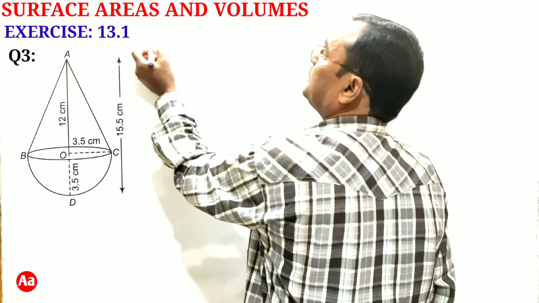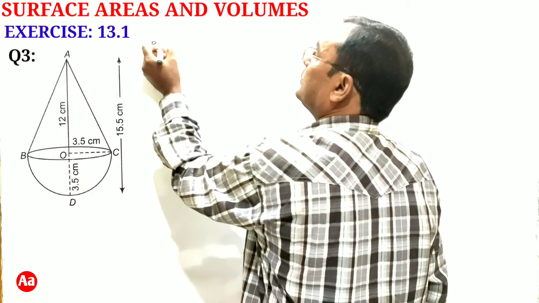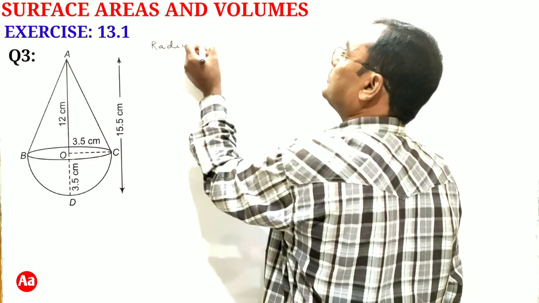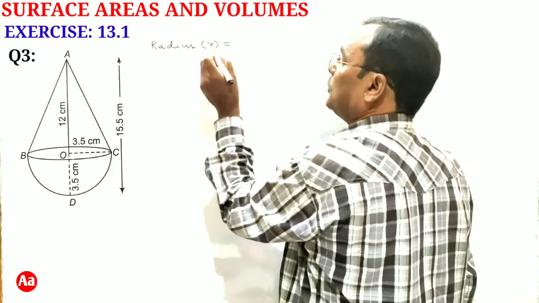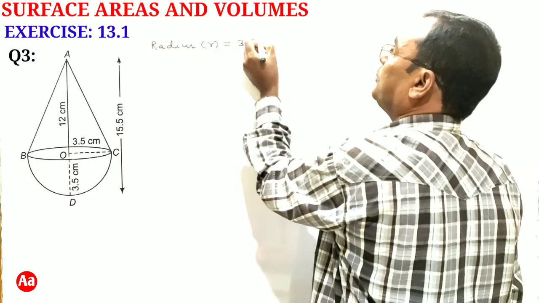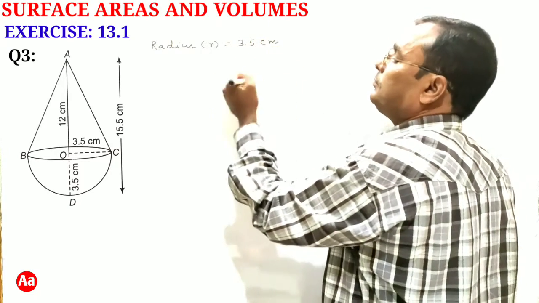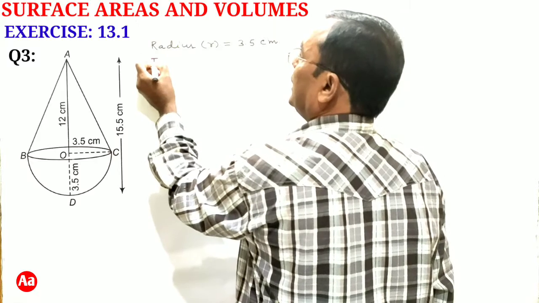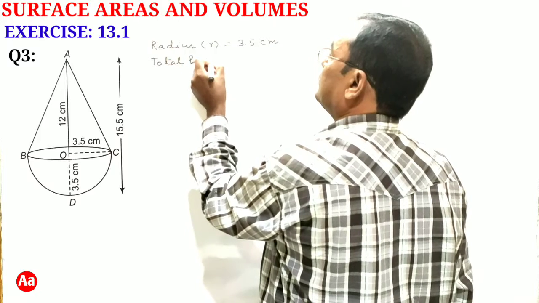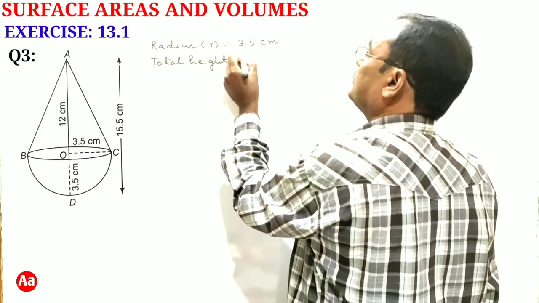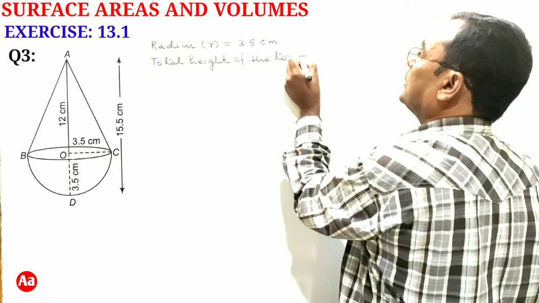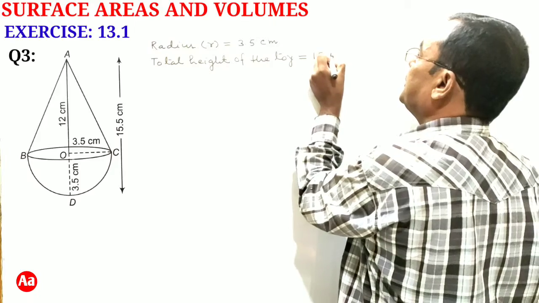So let's write radius r of conical part as well as hemispherical part 3.5 centimeter. Total height of the toy is given 15.5 centimeter.